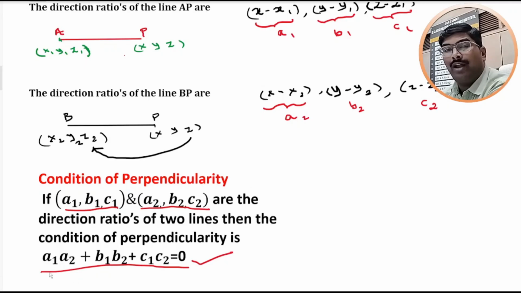Then we have to substitute the values for A1, A2, B1, B2 and C1, C2.